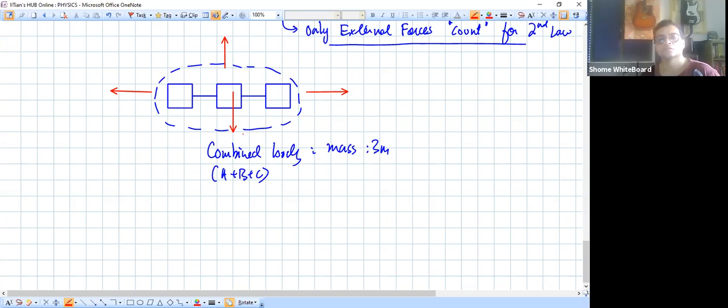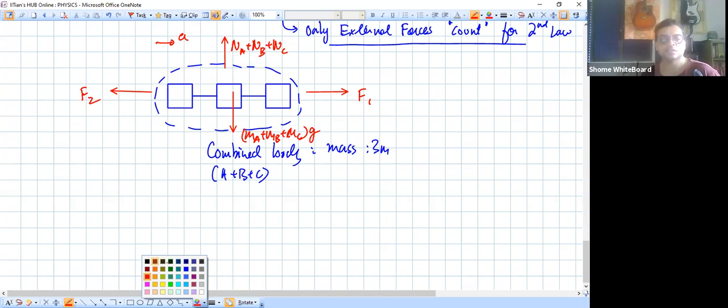Okay, so these are my external forces, and that whole system is moving with a horizontal acceleration A. So I can just now simplify this whole thing and make it a free body diagram, like a proper free body diagram where the whole system is represented by a dot. So this is my system, which is A plus B plus C.